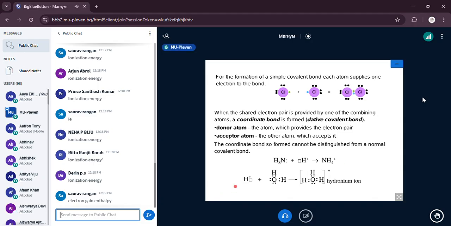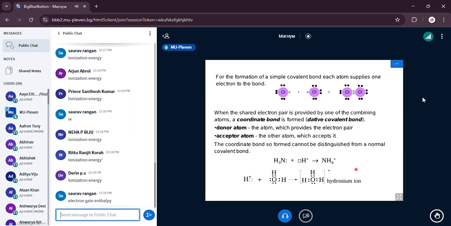Also, we talked previously when we discussed acids and bases about the hydronium ion. So, a water molecule has 2 lone electron pairs at the oxygen atom, and again a proton, having an empty atomic orbital, at which this lone electron pair can be accommodated.